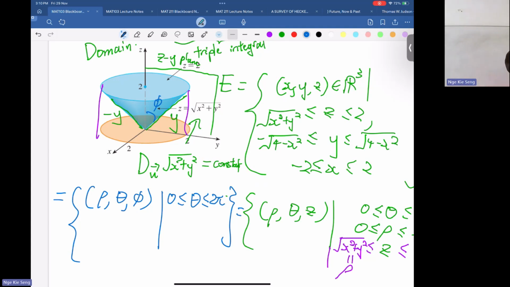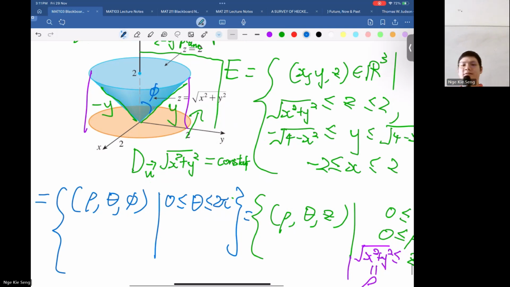Can you find this phi? Do you have a way? Okay, how to find phi? Try. I tell you the surface already. Okay, can you find this phi?